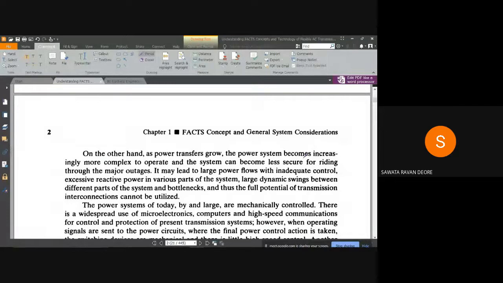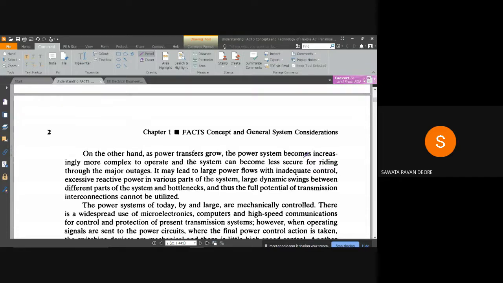But at the other end, this interconnection makes the network very complex. So it is very difficult to operate such a network, and because of that, it becomes less secured actually.